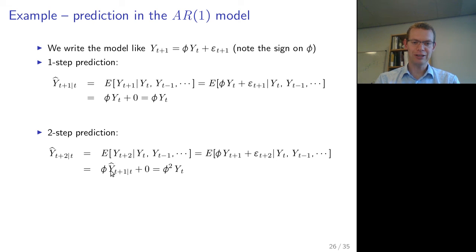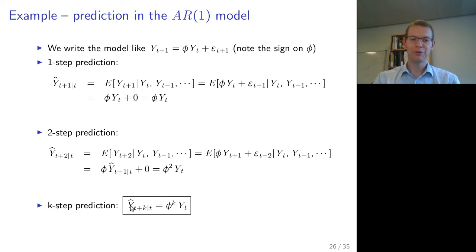So we insert the estimate and we get phi squared times y_t. And if you continue this, you can see the easy recursion: y hat_{t+k|t} is equal to phi to the k power times y_t.